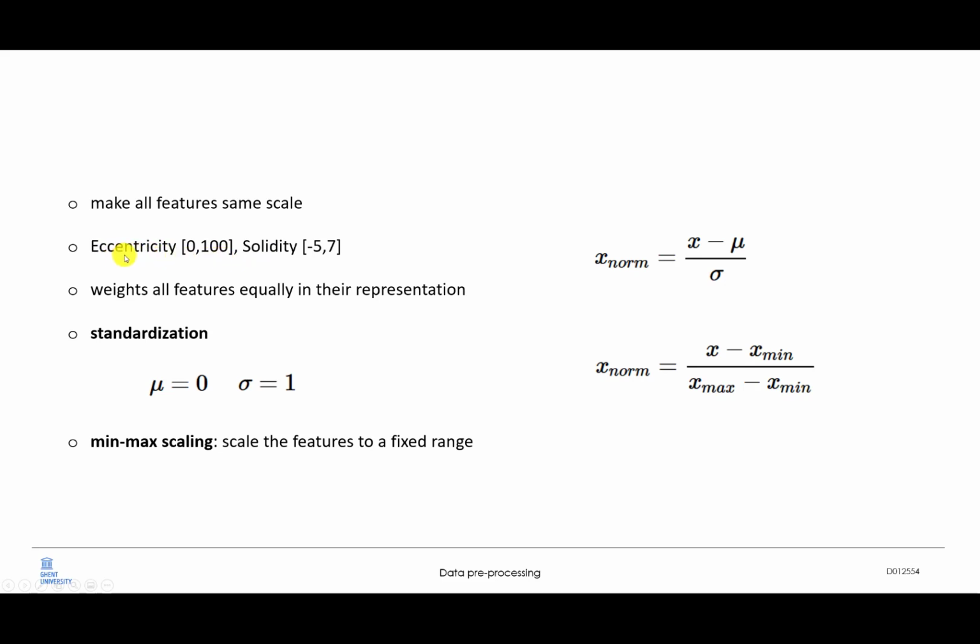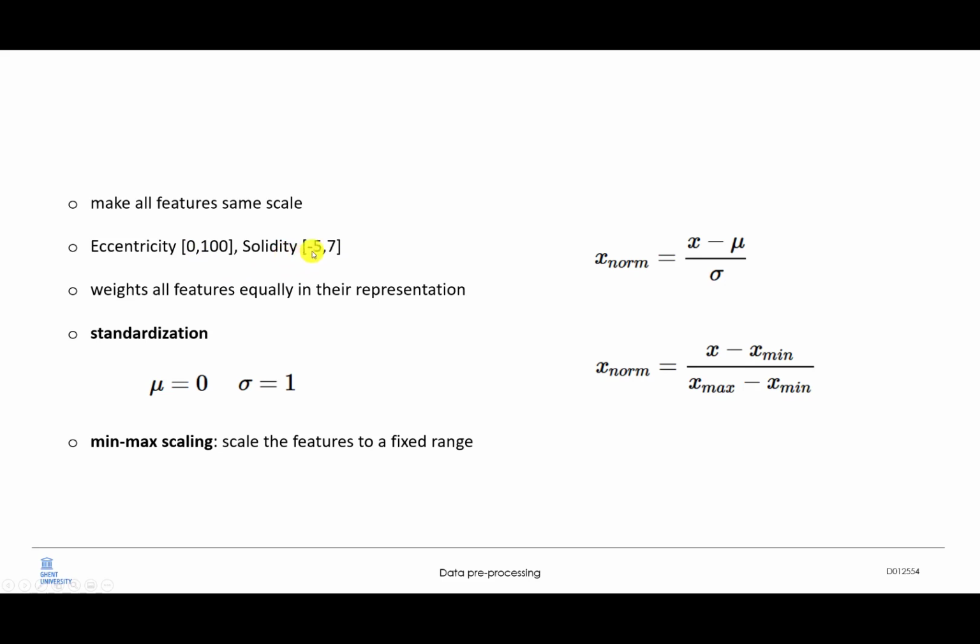So let's say that this eccentricity value actually has a value between 0 and 100 throughout the data, and the solidity feature has a value between -5 and 7. Okay, so you can see that these have clearly different scales. The range for eccentricity is much higher compared to that of solidity.